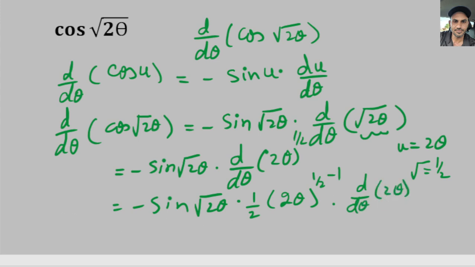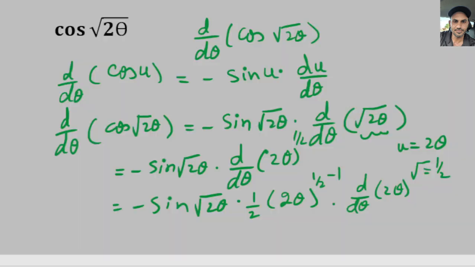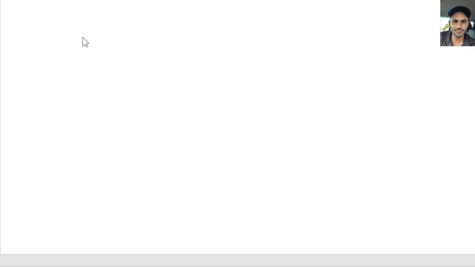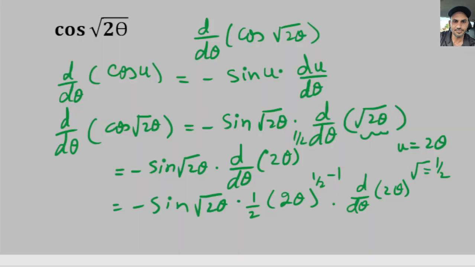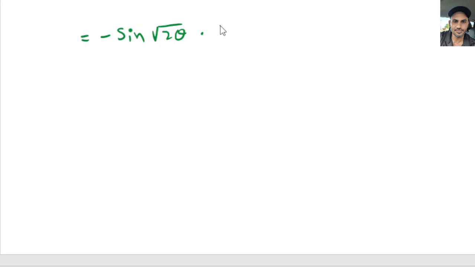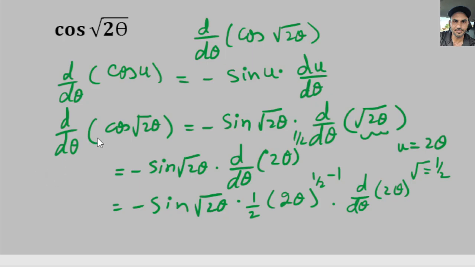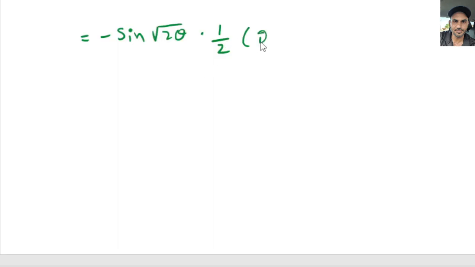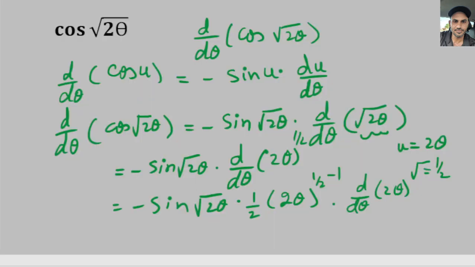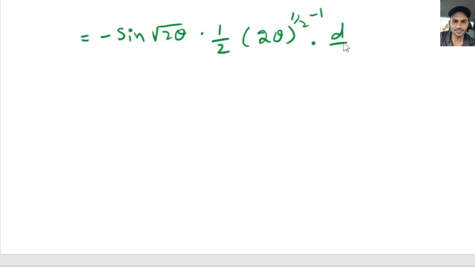Let me add another slide. So we get here equals negative sine of square root of 2 theta times 1/2, 2 theta to 1/2 minus 1, times the derivative of 2 theta.